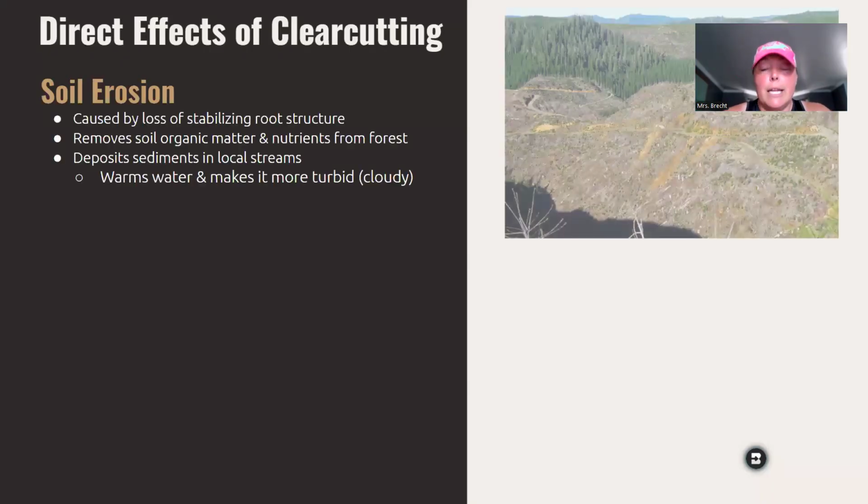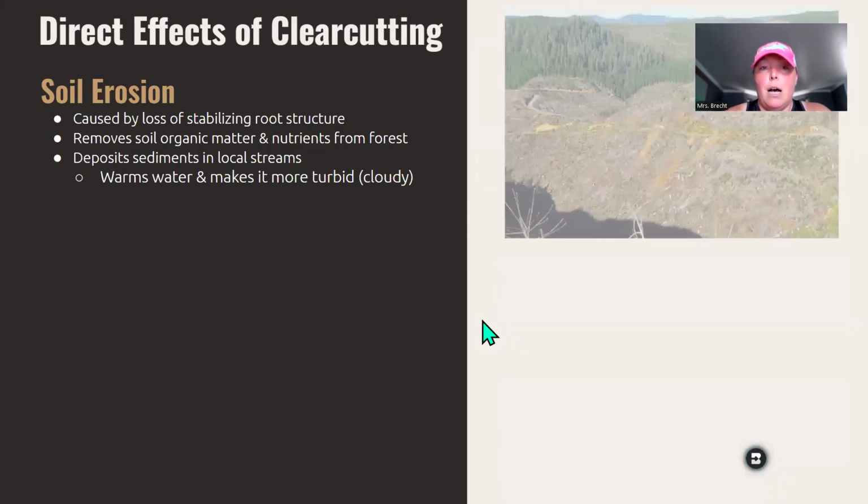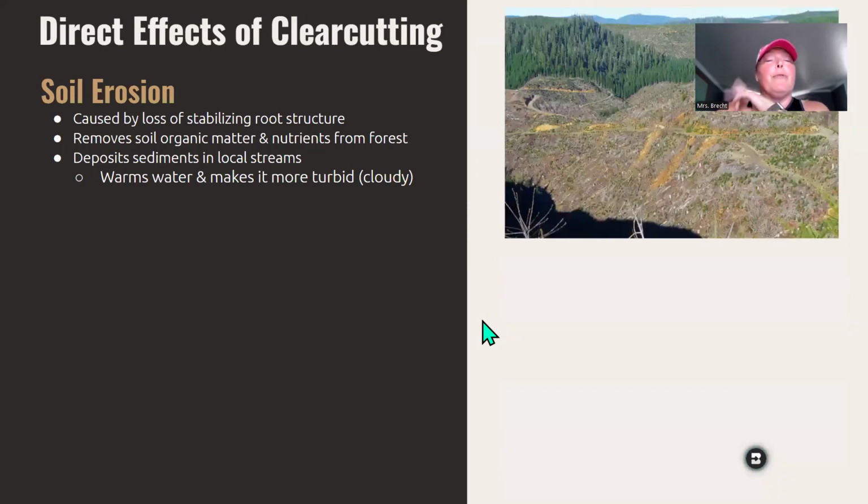So clear cutting is one of the biggest things that has a negative impact on our watersheds. So the first thing is soil erosion. Soil erosion is caused by the loss of those root structures.